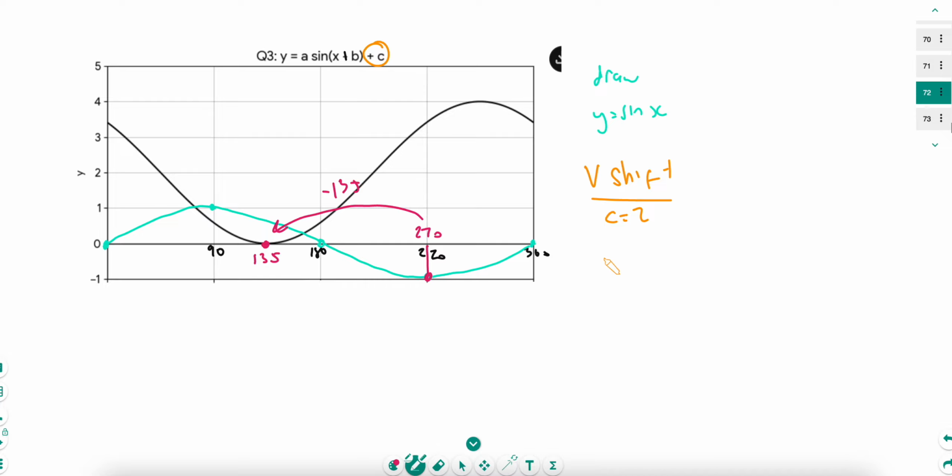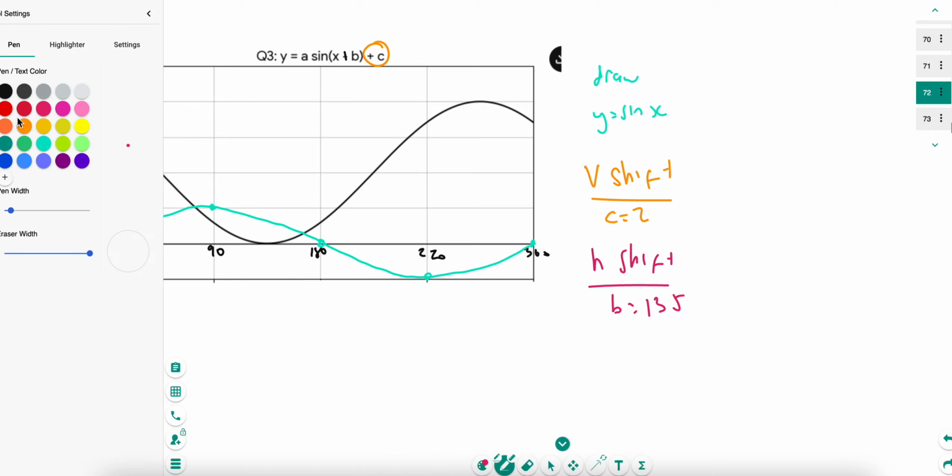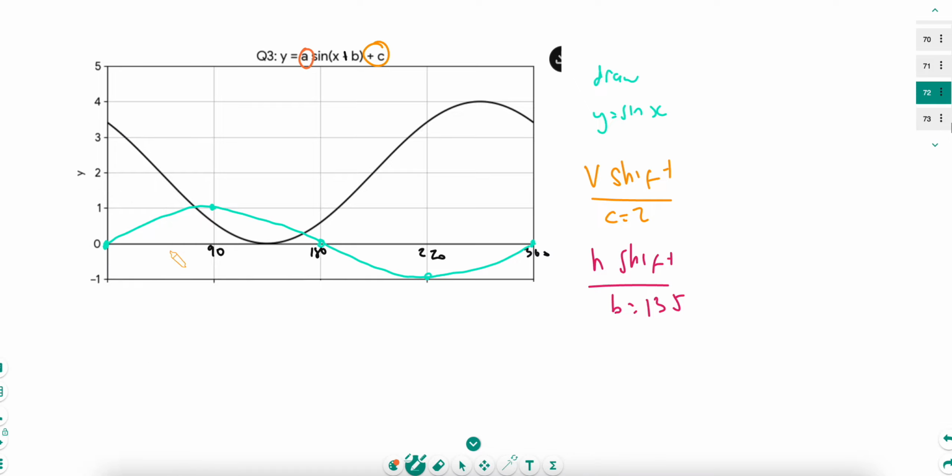But remember, we do the opposite. So, H shift. We do the reverse, so 135. And that's the change inside the bracket. So that's our B value. So B is 135. And our C value.